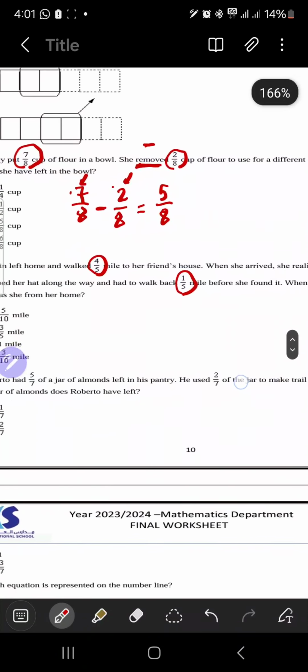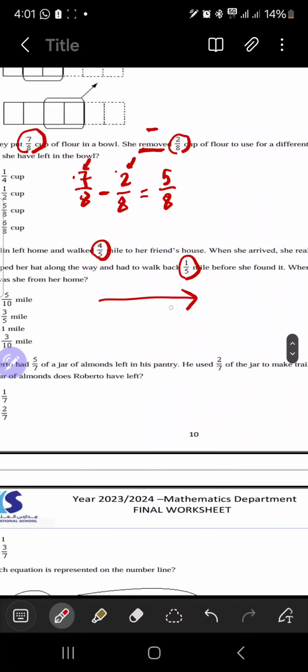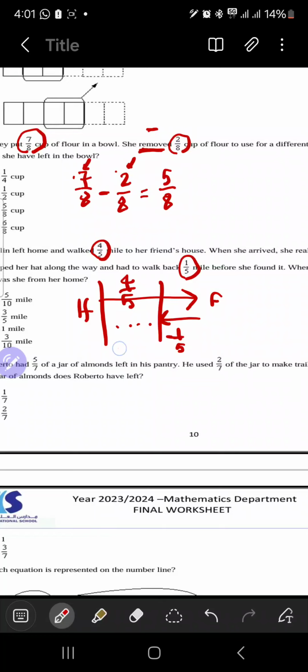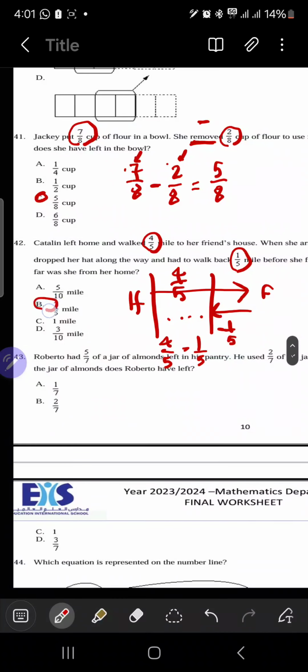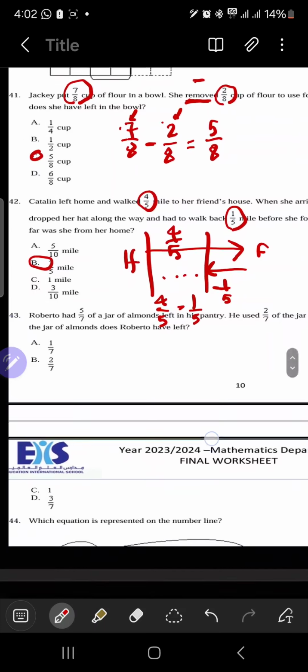So in that case, she walked 4/5, then she came back again 1/5, and that's home, and that's friend there. So basically we're counting this part. This part is basically 4/5 minus 1/5, which is 3/5. If you have to minus them.